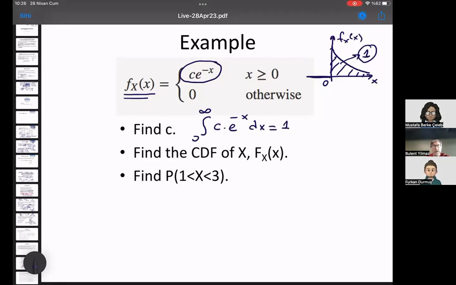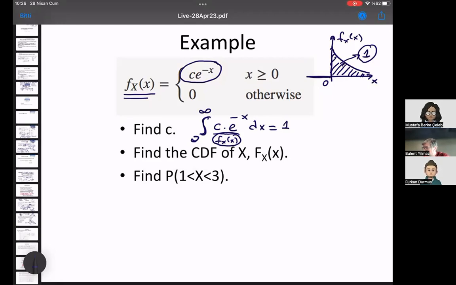Did everybody understand this part? I am writing fx of x, my PDF, probability density function. The area under this curve should be equal to 1. What does the area under the curve mean? Integration, right? That's the definition of integrals.